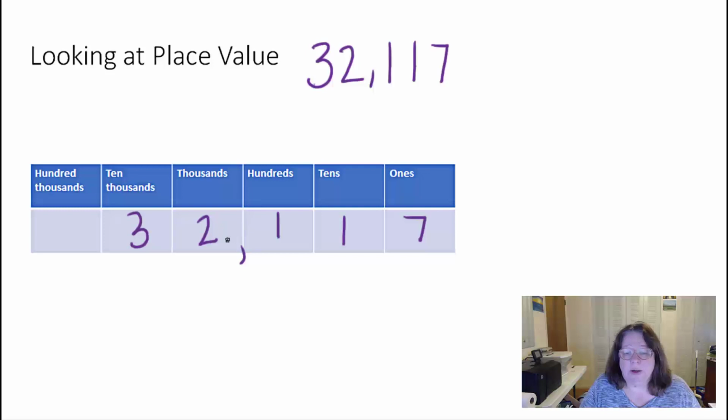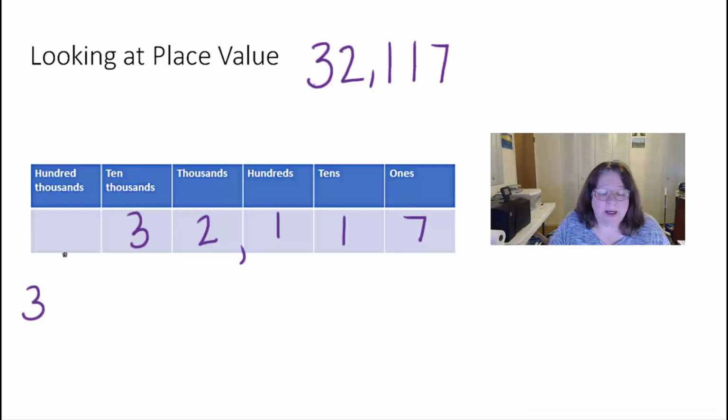This number is 32,117. Expanded form, it would be 30,000. Now you might be tempted to just say 32,000, but each of these digits needs its own spot.